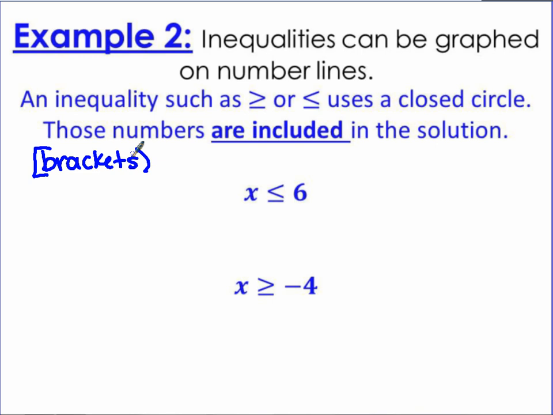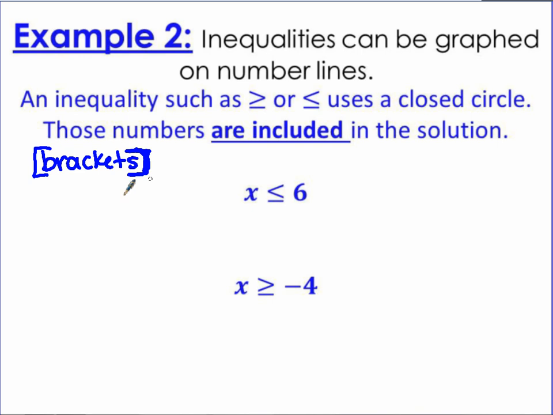The closed circle and the brackets are used to show us that these numbers are included in my solution. So for example, if I'm looking at this 6 here, if I put a 6 in x's spot, 6 is less than or equal to 6. It's not less than, but it is equal to. So because of this line, it includes that in the solution. It goes all the way up to including 6. It just never gets any bigger, like 6.1 wouldn't be an answer.